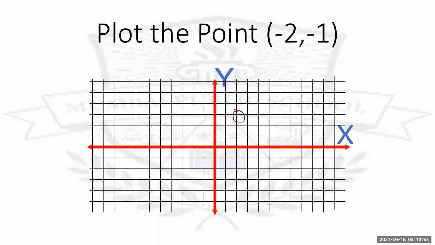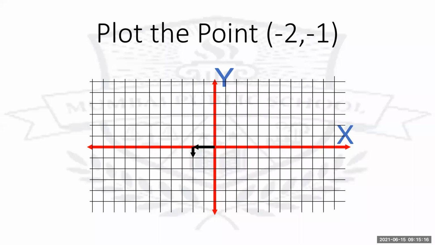Now, plot the point minus 2 comma minus 1. Now check here, it is negative. When it is negative, you're going to move 2 places left, and minus 1, so again 1 place down.